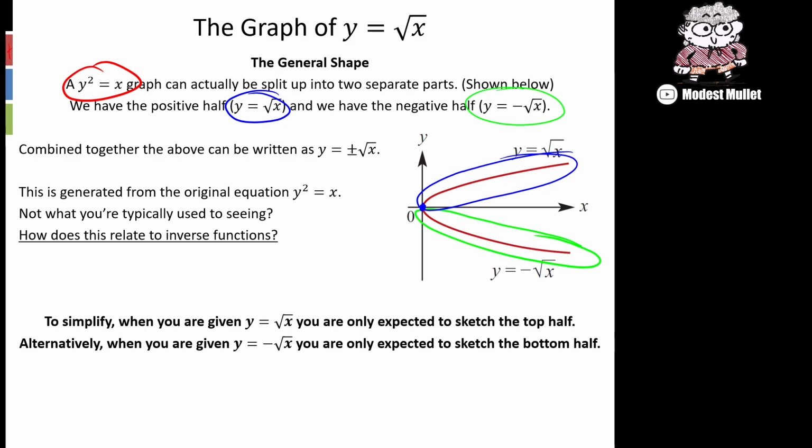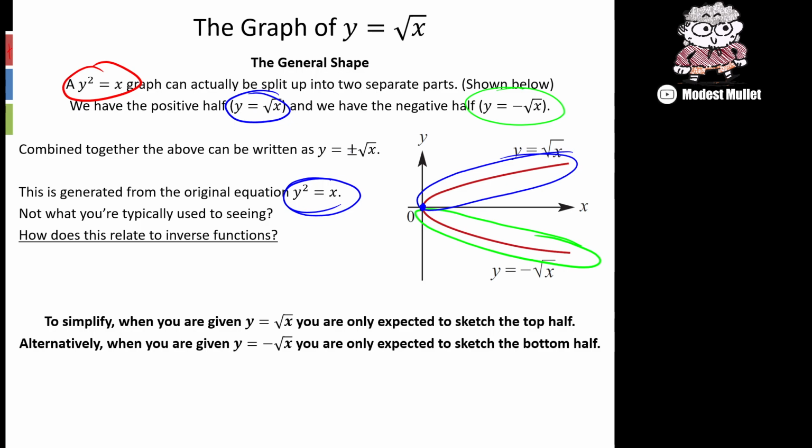When we're graphing square root graphs, we're only going to graph one or the other, depending which, or a reflected version of one of these. We're not going to be asked to actually sketch y squared equals x that has positive and negative solutions. We'll only be asked to sketch one of the square roots.